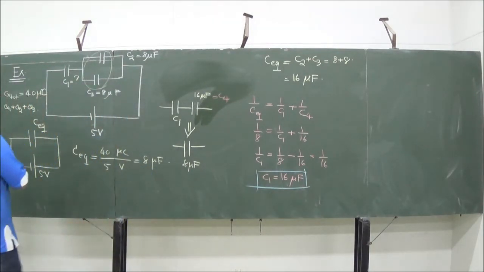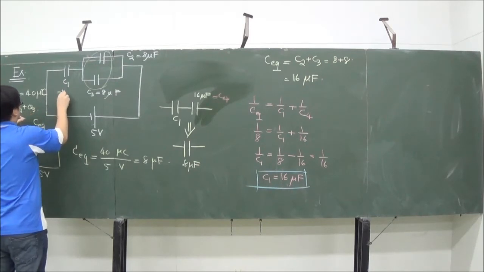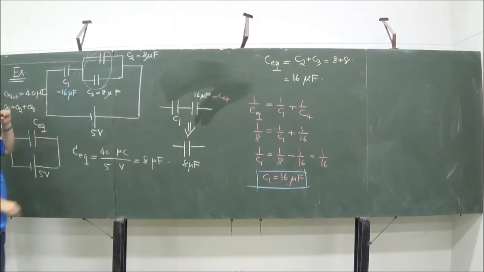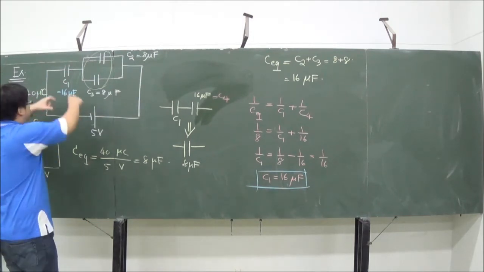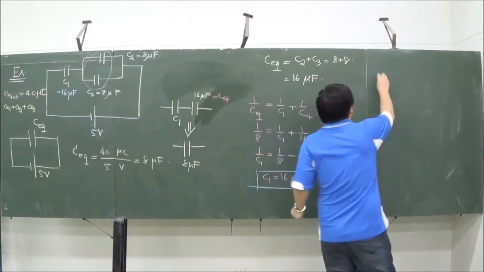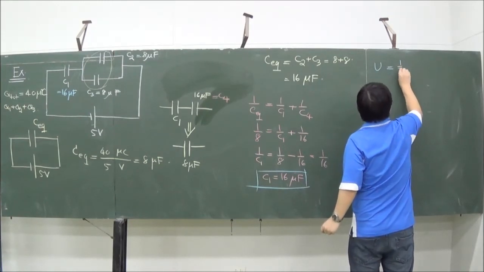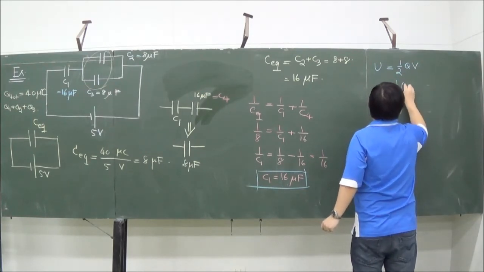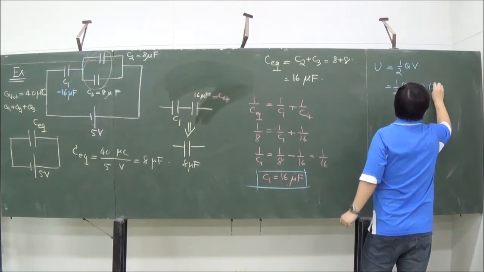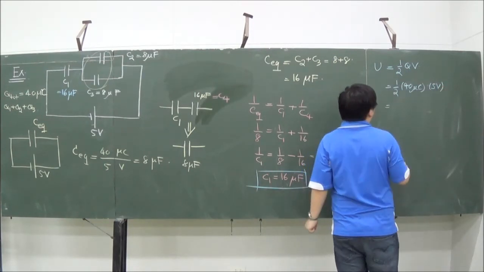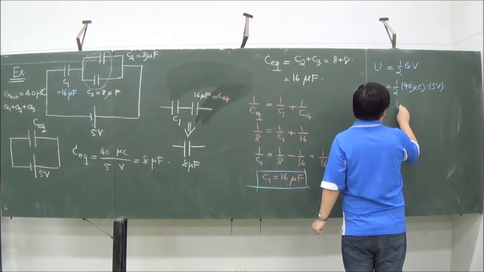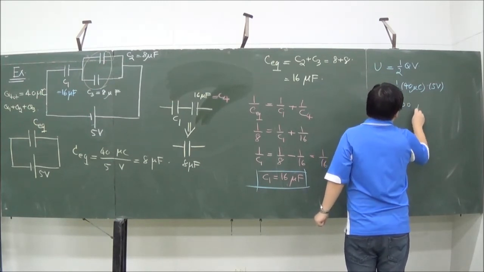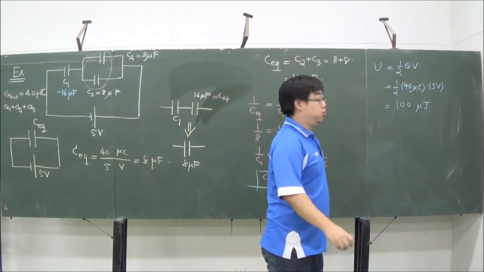C1 is 16 microfarad. If you want to calculate the energy stored in the total system, you can use U equal to a half Q times V. So I've got a half, 40 microcoulombs times 5 volts, and this gives you 100 microjoules.